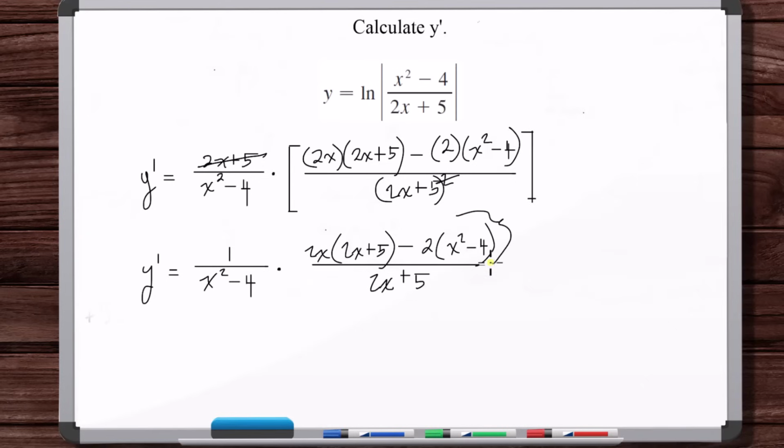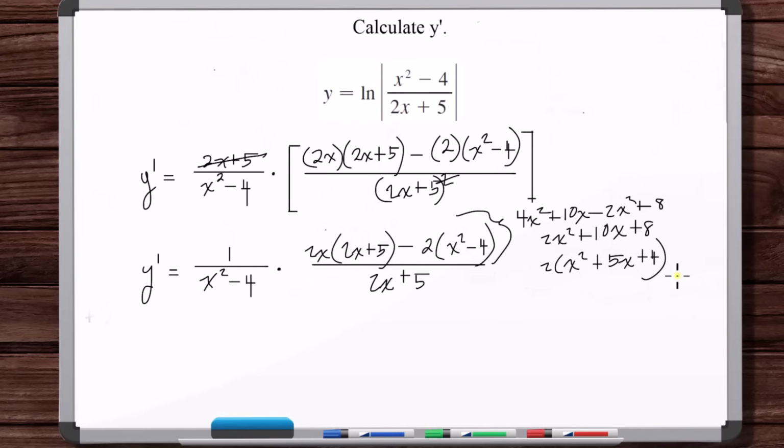Okay, now this here in the denominator, we've got 4x squared plus 10x minus 2x squared plus 8. So 2x squared plus 10x plus 8. So now if we factor out a 2, okay, now can we factor this?